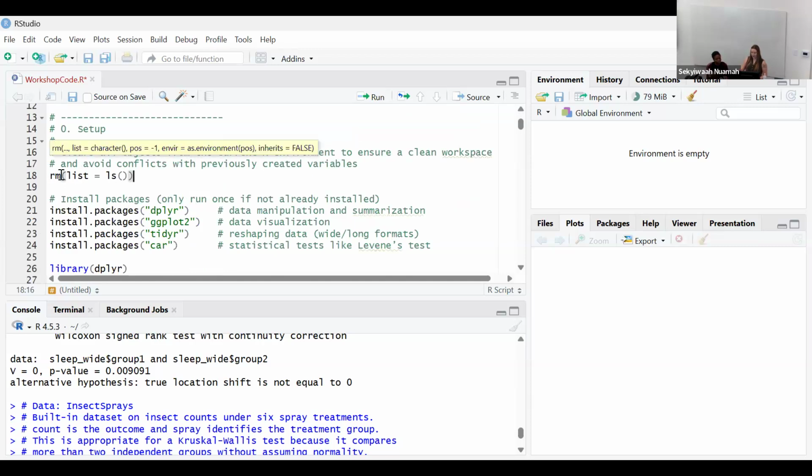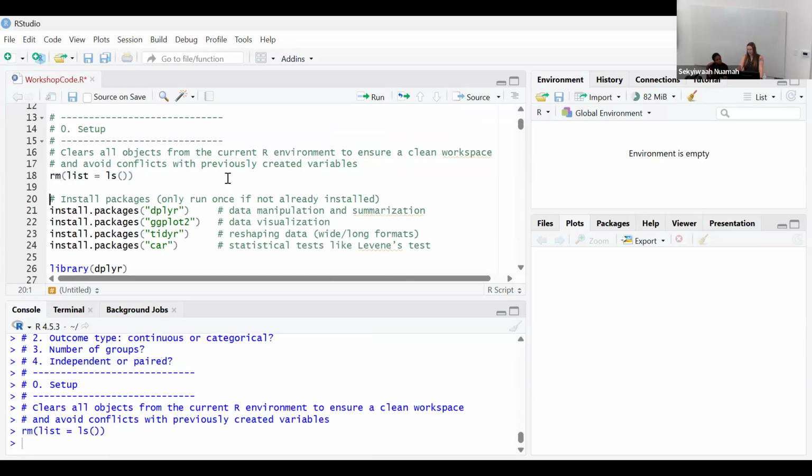So we're just going to start with a couple of setup codes. All this line of code does is, if you had been working in R previously and you had a bunch of variables stored over here in your environment, when you run this line of code, it's going to clear everything so you have a fresh start.